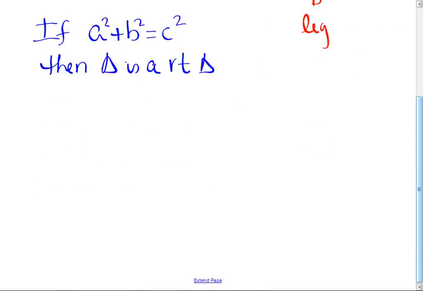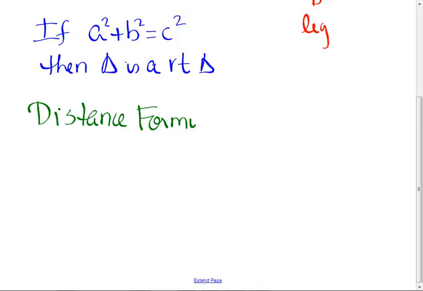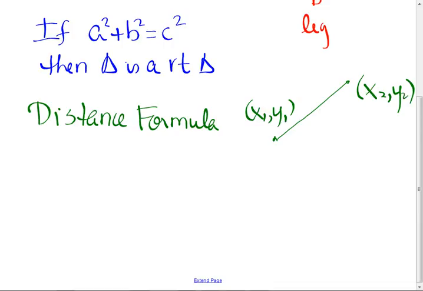And all distance formula is Pythagorean theorem. Okay? This is Pythagorean theorem.